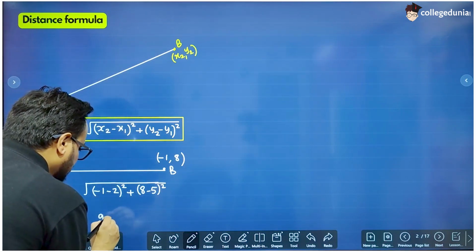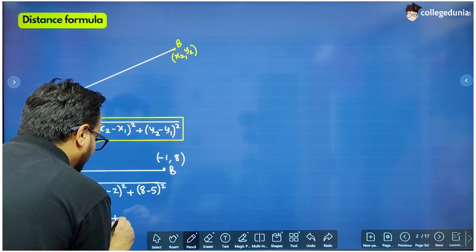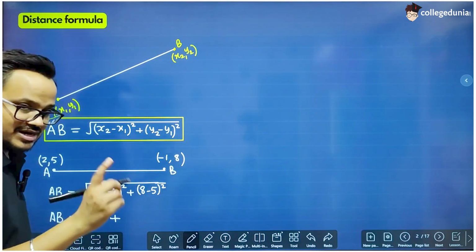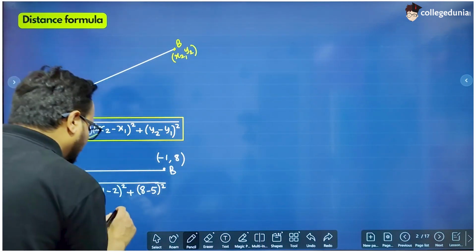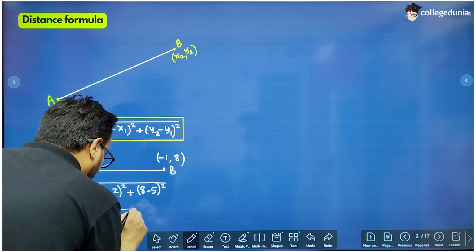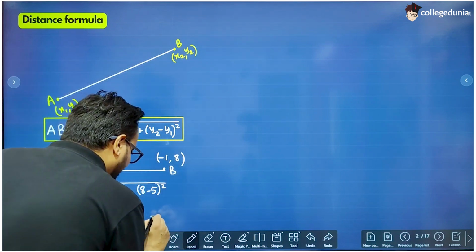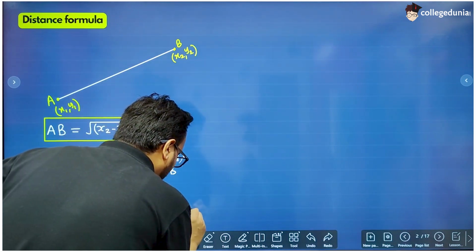Minus 1 minus 2 is minus 3 whose square is 9, right? 8 minus 5 is again 3 whose square is 9. So it is root of 9 plus 9, which is 18, that is 3 root 2.